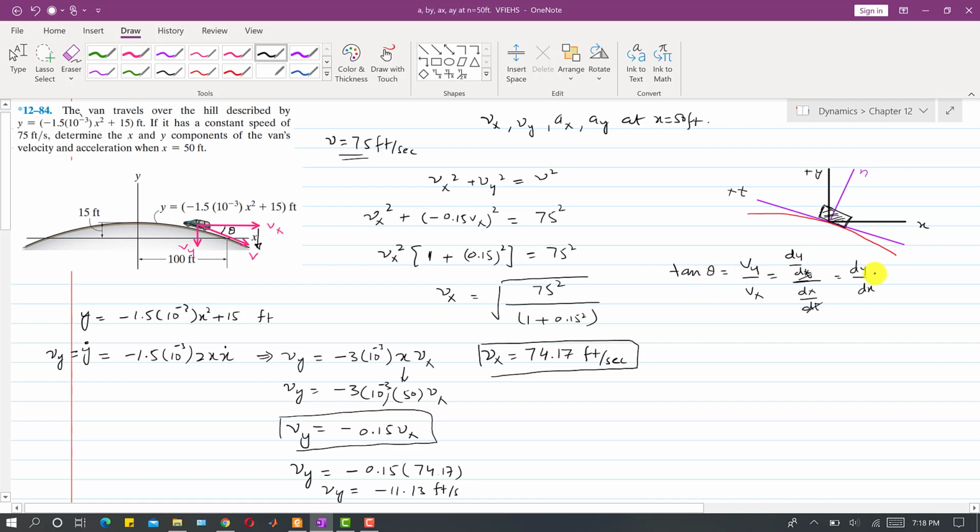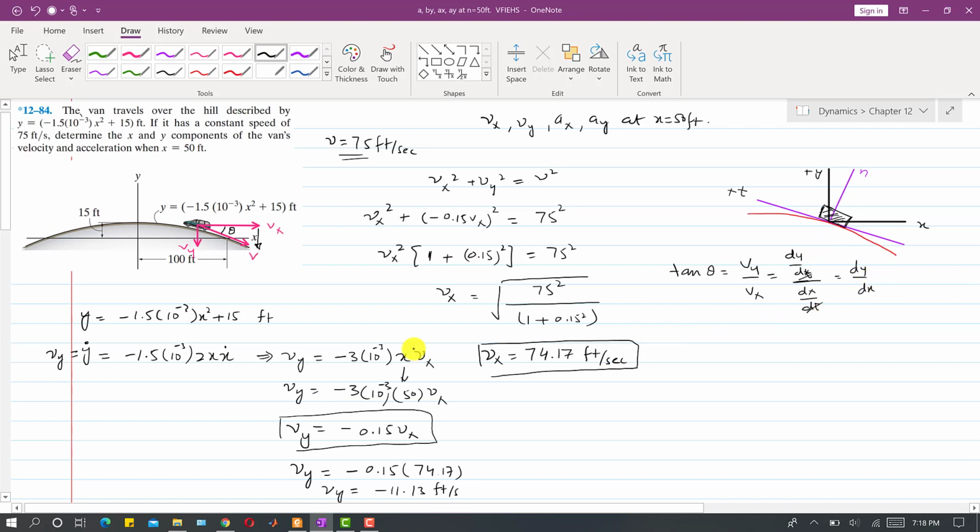Now to find this theta, we have to take the derivative of this y of x function, but the derivative should be with respect to x. And so this y dot is the derivative of y of x with respect to t. So remember that this derivative will be with respect to x.